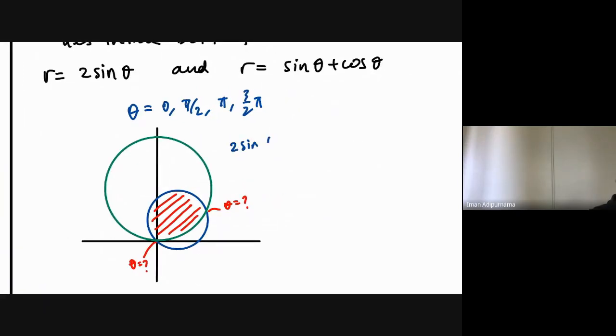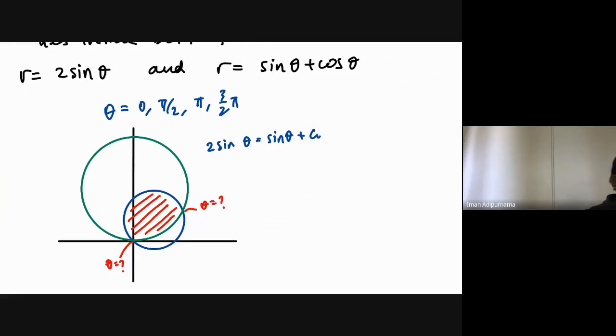And we just make some equations equating the polar curves. 2 sine theta equals sine theta plus cosine theta. So sine theta is equal to cosine theta, and we are achieving this equation because theta is pi over 4, right?